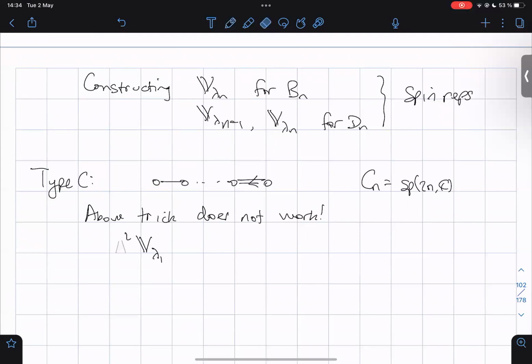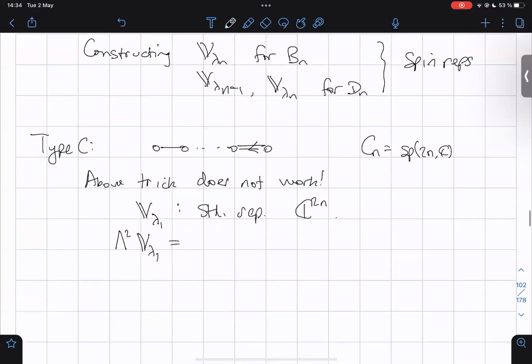Let me write that down. This guy is the standard rep, C^{2n}. But wedge 2 of lambda_1 is going to be V_{lambda_2}, but then there's a trivial factor here. How do we see this?